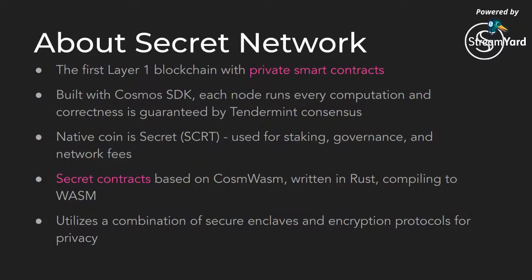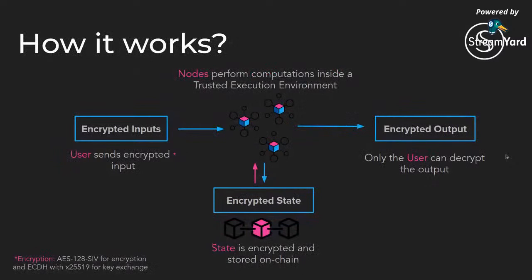The secret contracts are written in Rust and compile to WebAssembly. And it utilizes a combination of secure enclaves, which we will touch on in a second, and encryption protocols to achieve that privacy.